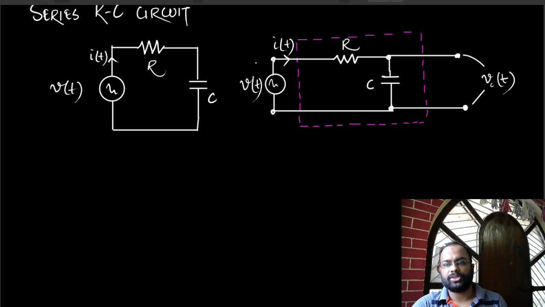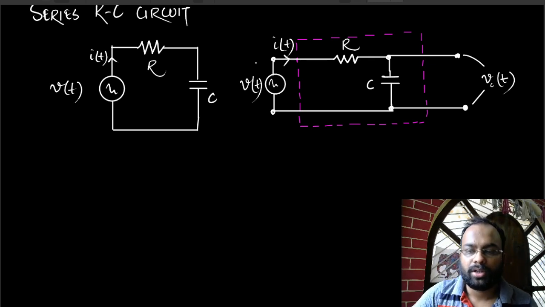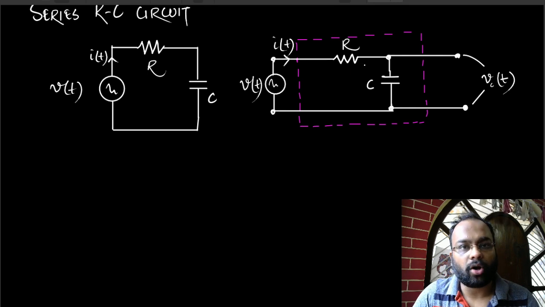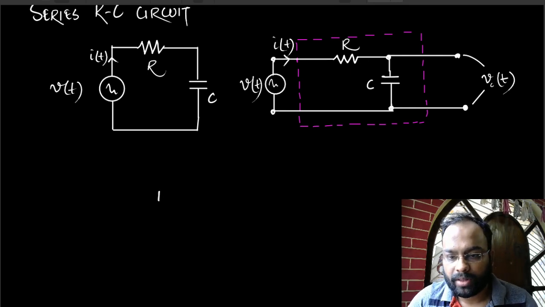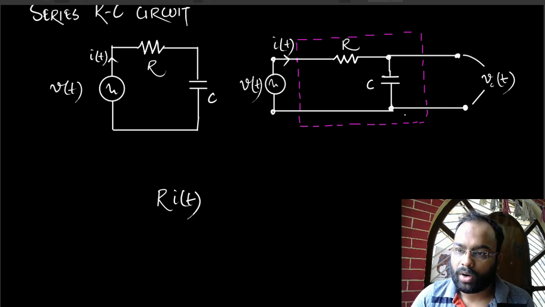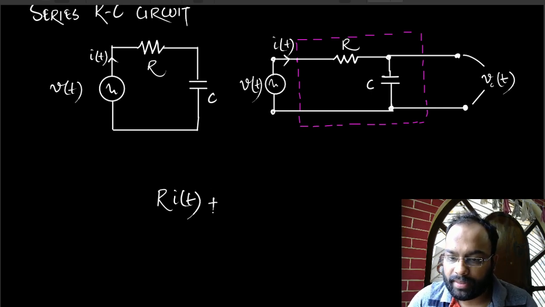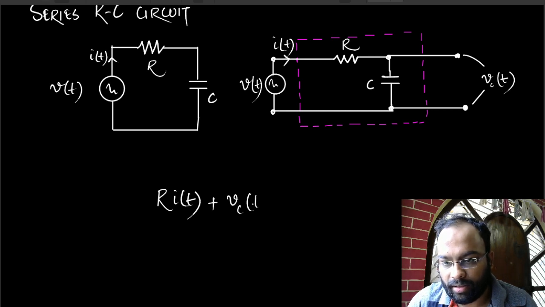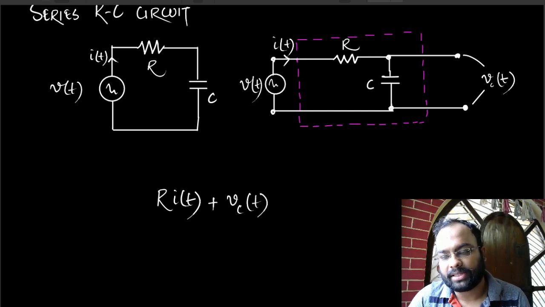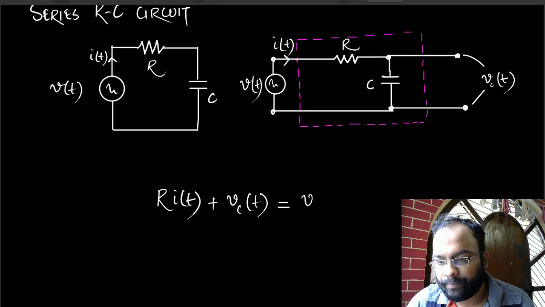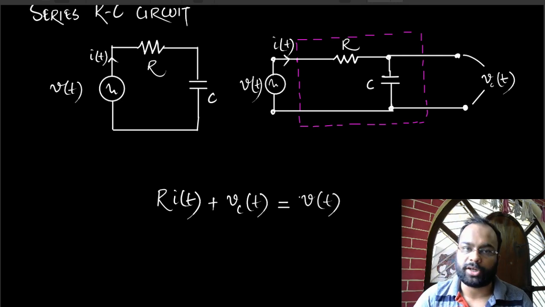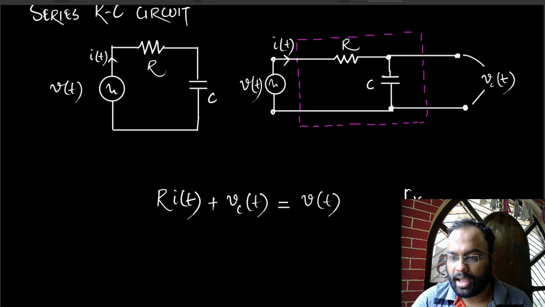There is no problem with this, right? So what is the potential drop across the resistor? This is R into It. What is the potential drop across the capacitor? We have represented that as VCt, with C in subscript. And this entire voltage is equal to the voltage across the input, that's Vt. This is applying KVL, Kirchhoff's voltage law.